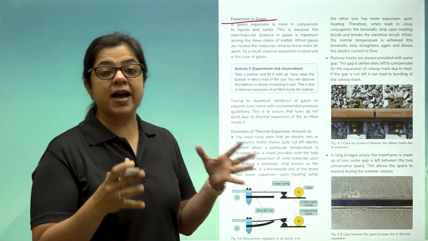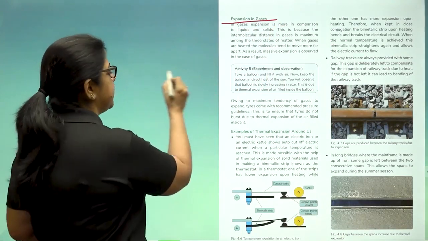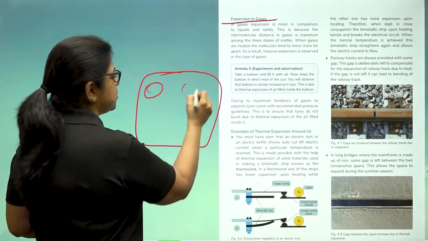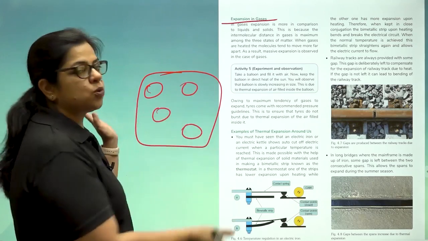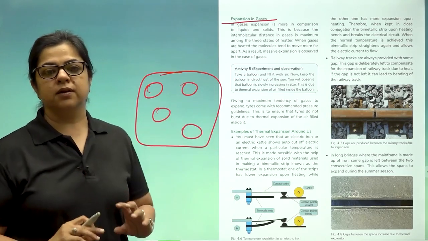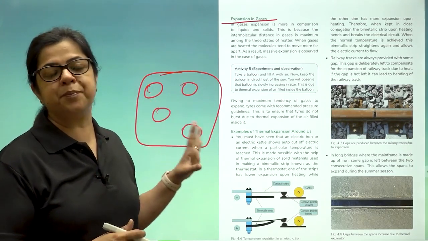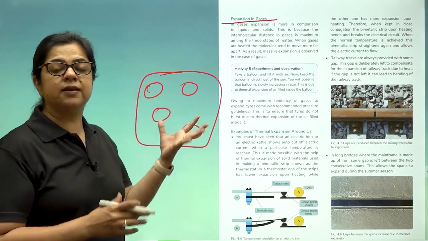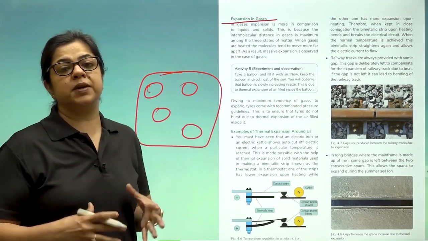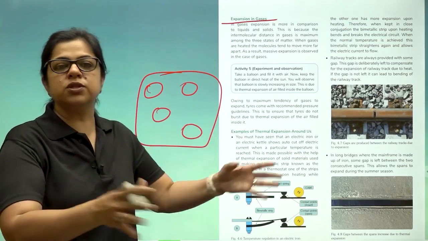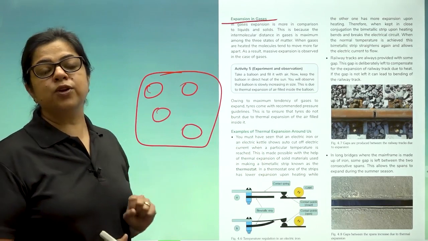So gases, as we had studied on page number 1, the structure of molecules in gases is already like this. They are way apart. So what is happening here when the gas will be heated? What will happen? Because they are already so distant from each other, these molecules will want to just run away. And how can you prove this?